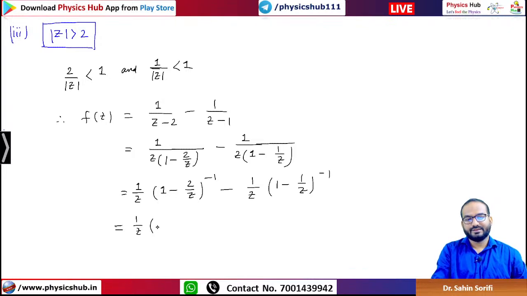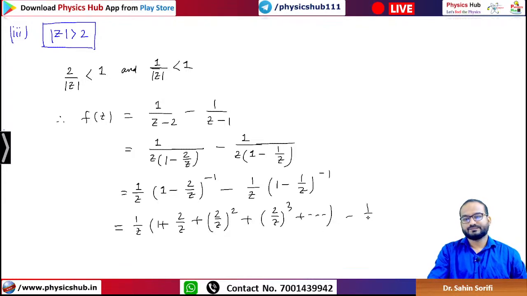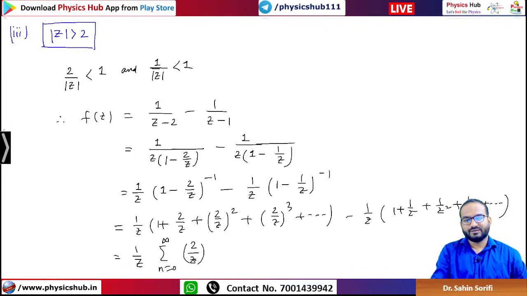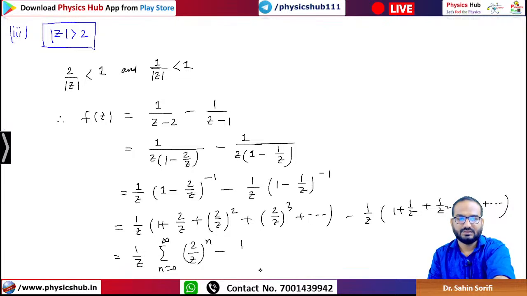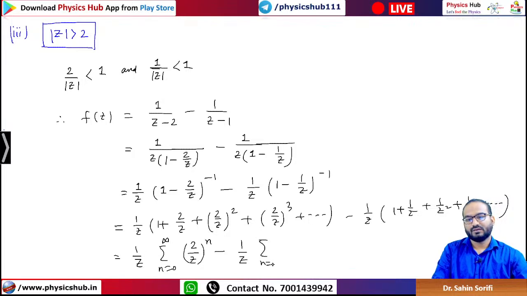So this is equal to 1 by z, 1 plus x plus x square plus x cube and so on, 1 by z, sum over n equals 0 to infinity 2 by z whole to the power n minus 1 by z to the power n.